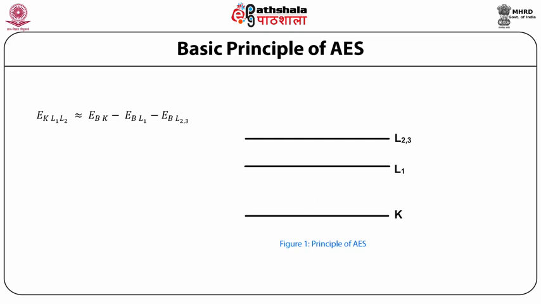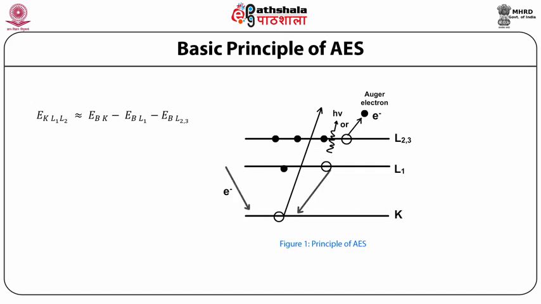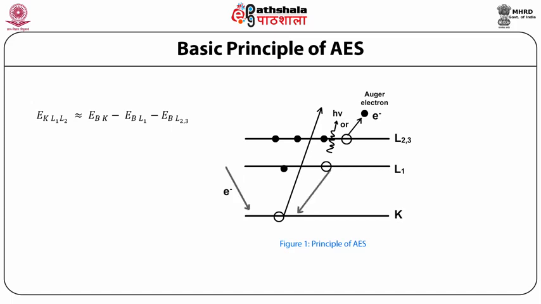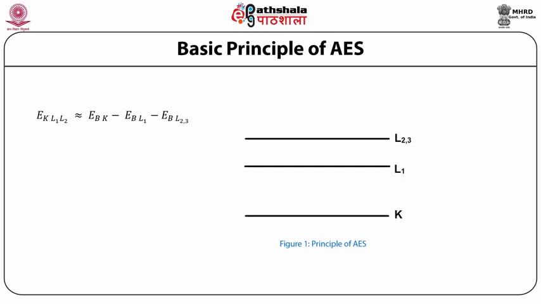The atom will quickly return to its normal state after refilling the inner electron vacancy with an outer shell electron. During this transition, the energy difference between the outer and inner shell electrons may cause emission of either a characteristic X-ray photon through a radiative process or an Auger electron through a non-radiative process.